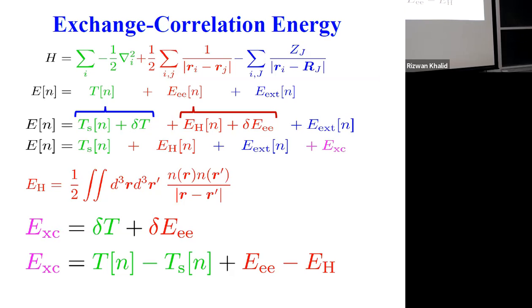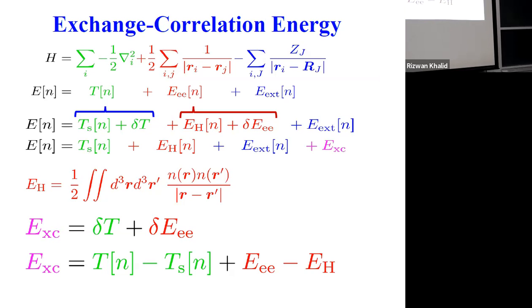Wherever you see this subscript S, it is actually a Kohn-Sham quantity. That quantity corresponds to the system of non-interacting particles. So we split this kinetic energy into the kinetic energy of non-interacting particles plus a correction, which is due to the correlation. Actually, particles are correlated. And then the electron-electron repulsion energy, we split it into two parts.